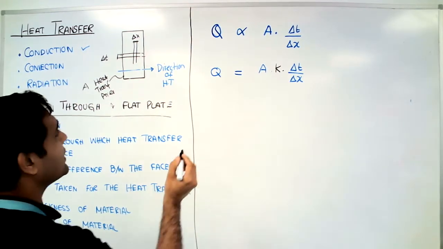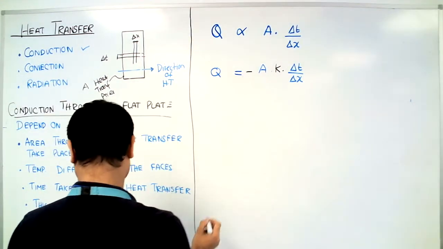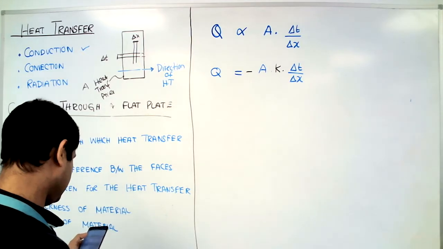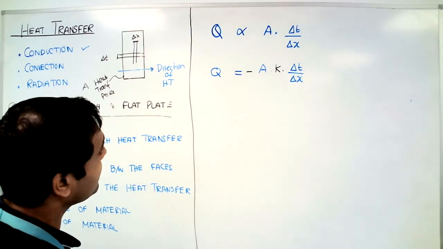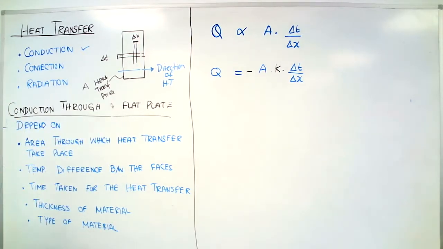So we need to put a negative sign here. K is a constant of proportionality that depends on the material. Then we get Newton's law of heat transfer.